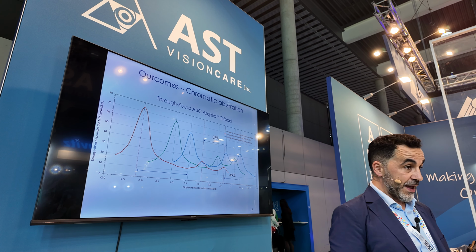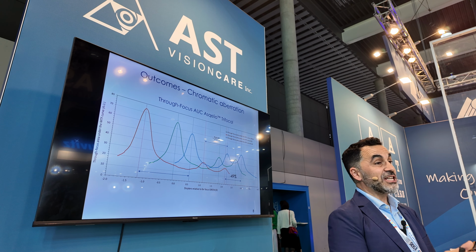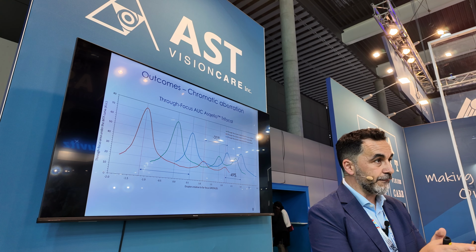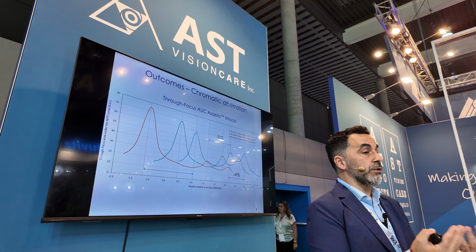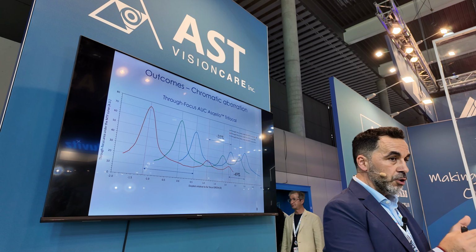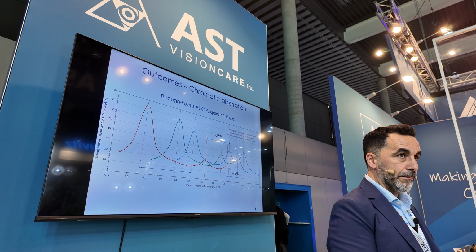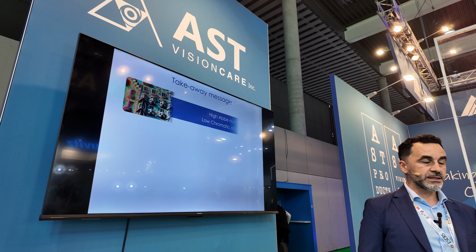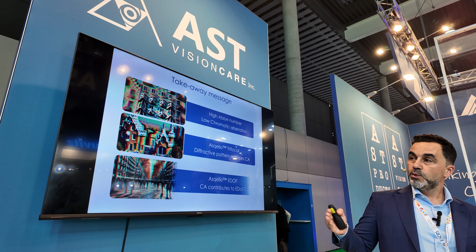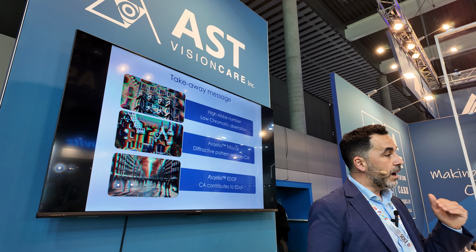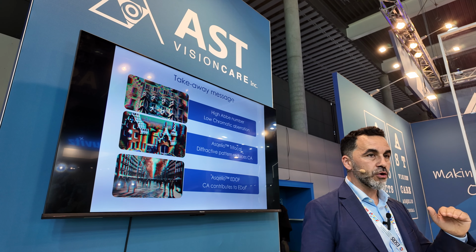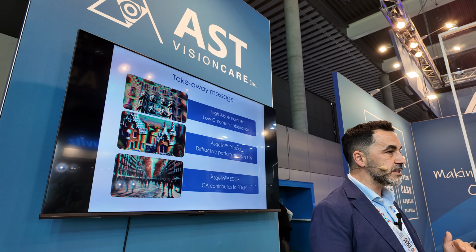That has the positive effect of a much greater correction of the chromatic aberration at near distance, which is where you would like to have the sharpest image for the patient. So that would be another benefit. As a takeaway message, we have a baseline high Abbe number, which means a baseline low chromatic aberration for the Asqelio family of lenses.